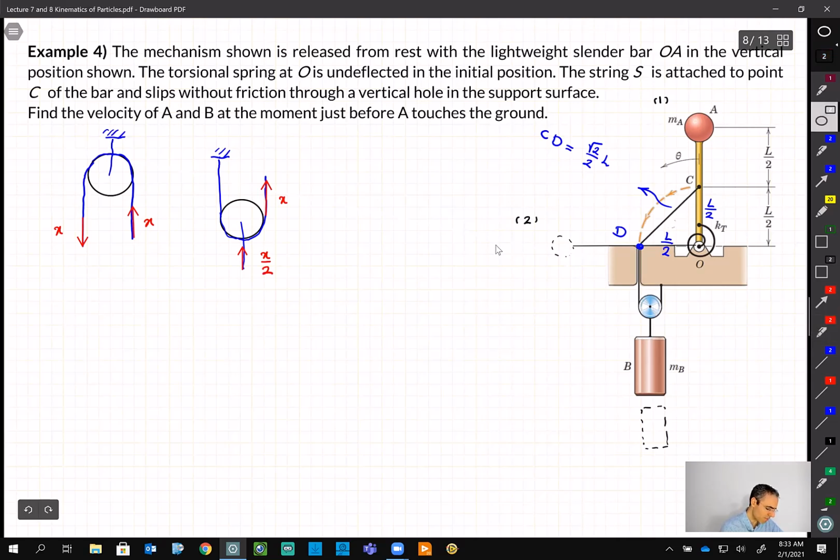And you know the reason from geometry, I'm just going to draw it bigger.